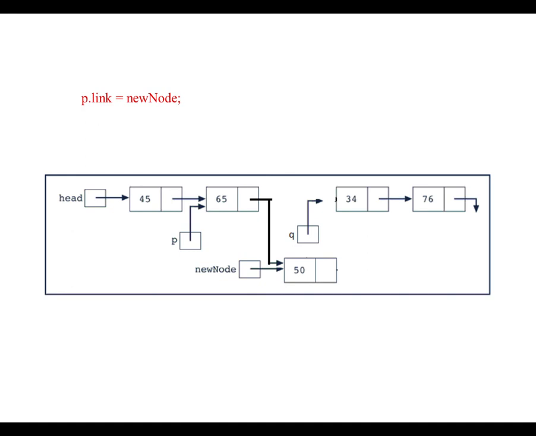The remaining list is not lost. After the statement newNode.link equals q, the list is shown in this figure. The link of newNode now points to the node pointed to by q.